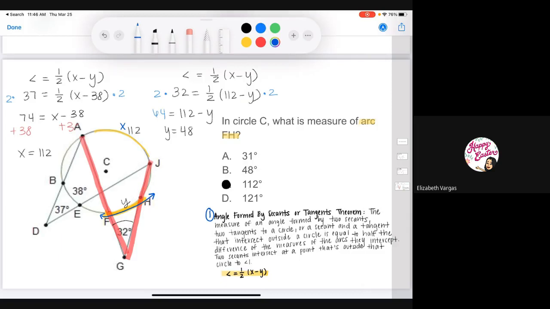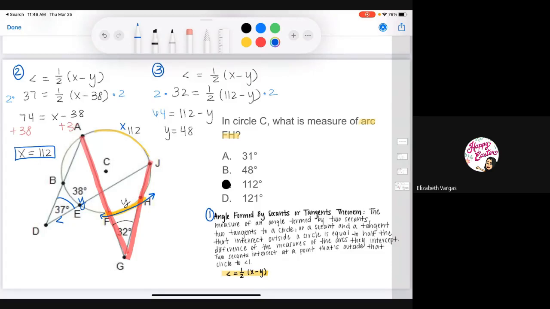The good thing is that I have another angle here formed by 2 secants. So I can find x by using that equation, plugging in this angle measure and this y to find the x. Now that I have my x, it's a lot easier for me to find my y because I don't have 2 unknown variables, I just have 1.